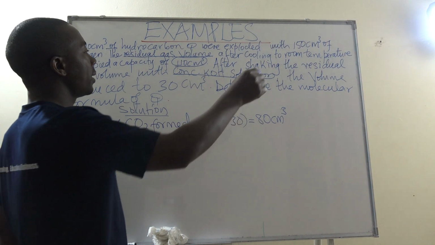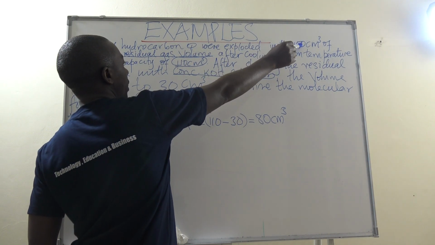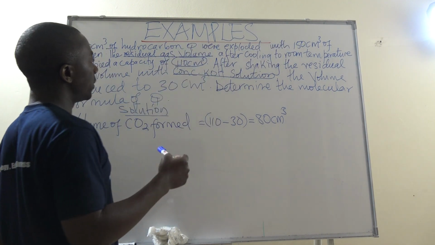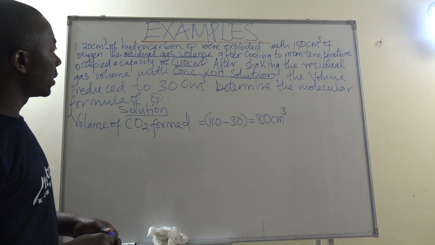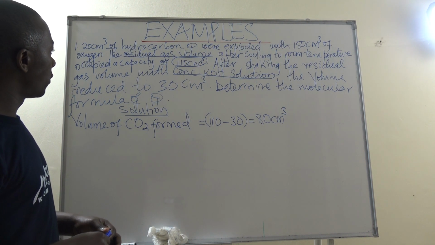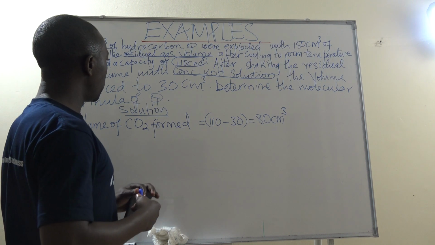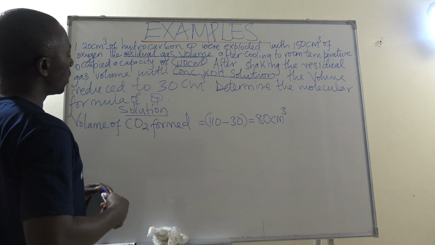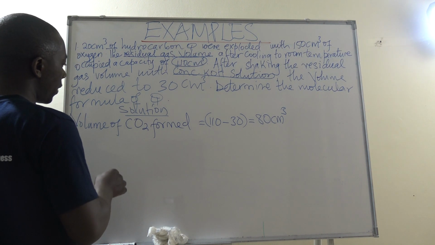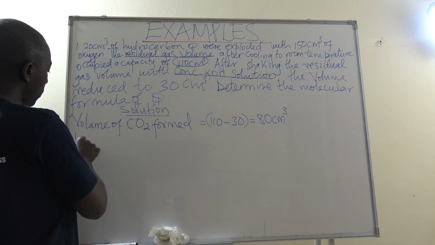Like I was saying, the 150 is the total volume of oxygen used, but part of it reacts and part of it remains unreacted. Since that is the part remaining unreacted, we can subtract it from this one to obtain the volume of reacted oxygen.